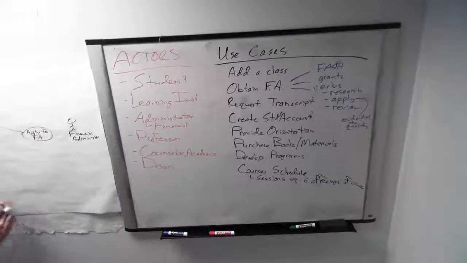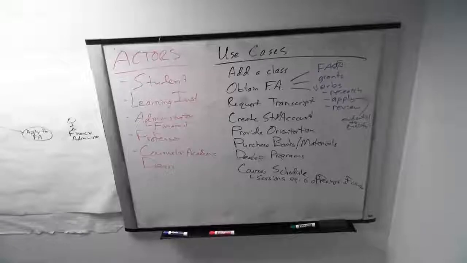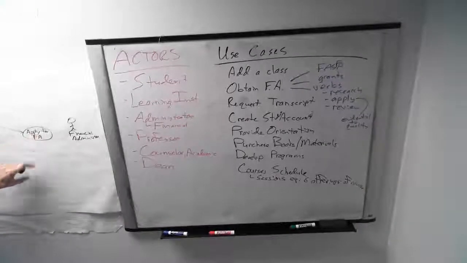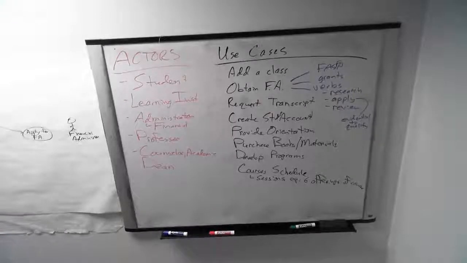All right, so apply for financial assistance or financial aid. What's going to happen? Student comes in, puts in their application information. What other actors are involved with this? Whoever would be reviewing that application, but think of a non-person though.